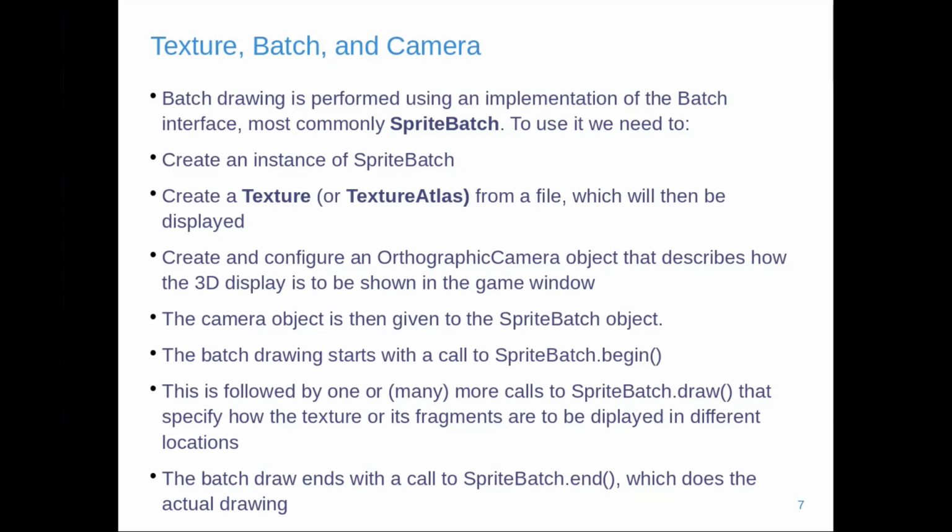But once the data is in the graphics card, the processing happens very fast. So with a single batch draw, we can draw maybe tens or hundreds of thousands of images of this texture or its fragments in one go, and it will be fast. But if we have to do multiple batch draws very often, it might be costly from a resources perspective.